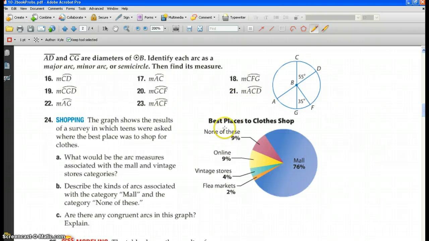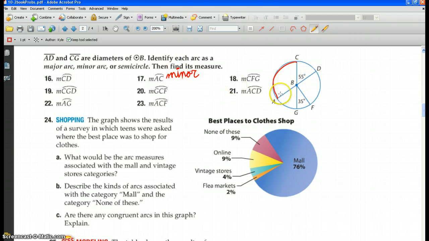In the next section, AD and CG are diameters of circle B. Identify each arc as a major arc, minor arc, or semicircle. Then find its measure. So for number 17, we want AC. Okay, this is obviously less than 180, so this would be a minor arc. I'm just going to write minor.